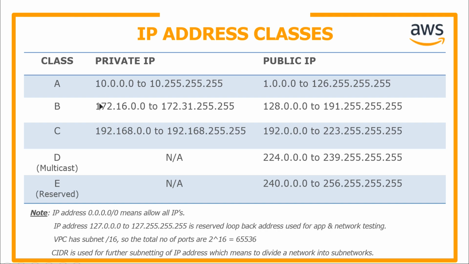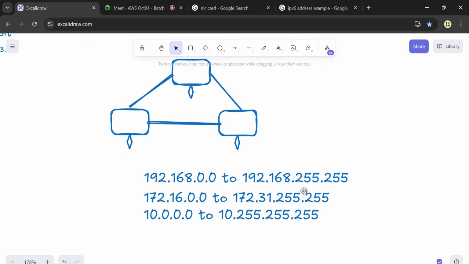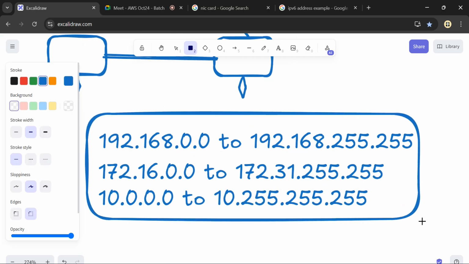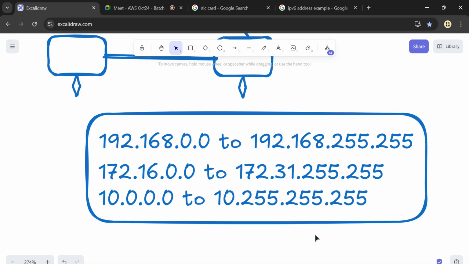Now this is the table that you can use to refer to the different private IPs and public IPs. The simple thumb rule is this ABC that you can see. This is the private IP. Just remember these private IP ranges. Anything outside this is a public IP. Simple logic. If anything comes within this range, that is a private IP.